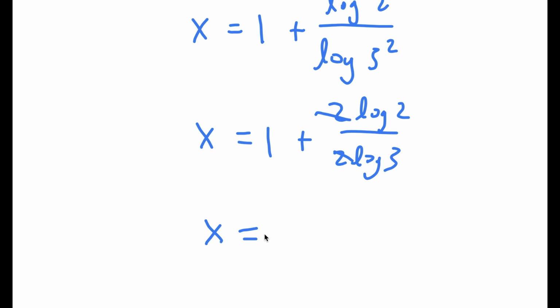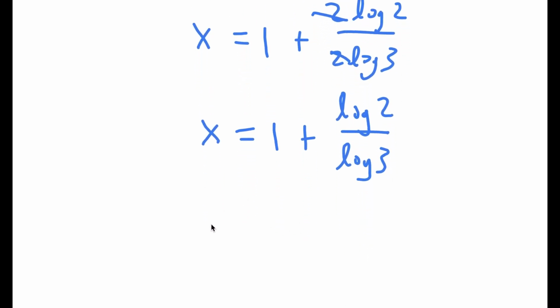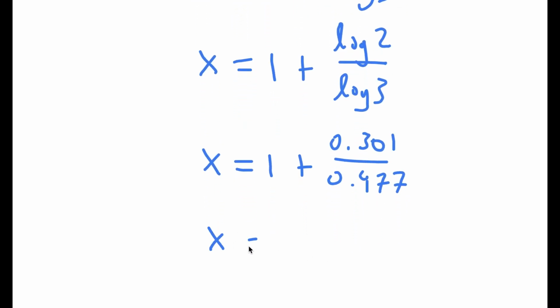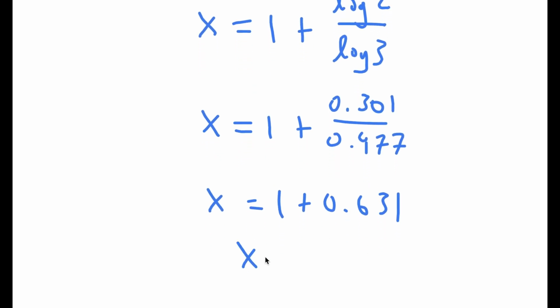So I'm left with x is equal to 1 plus log 2 over log 3. Now log 2 over log 3, that's the same thing as 0.301 over 0.477, which is equal to 0.631. So x is 1.631.